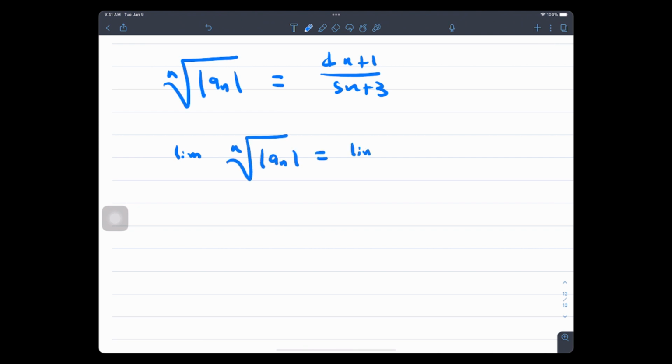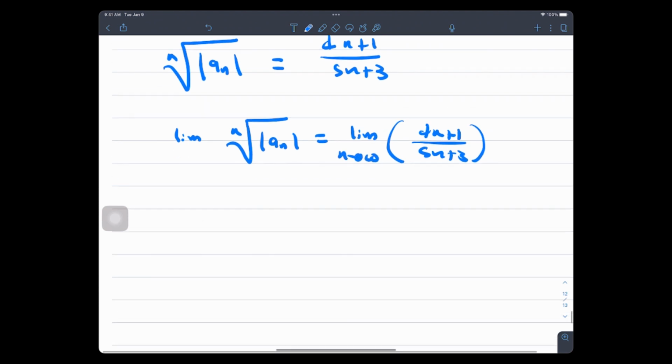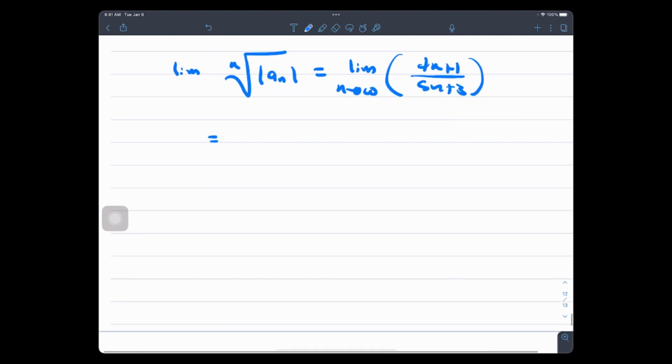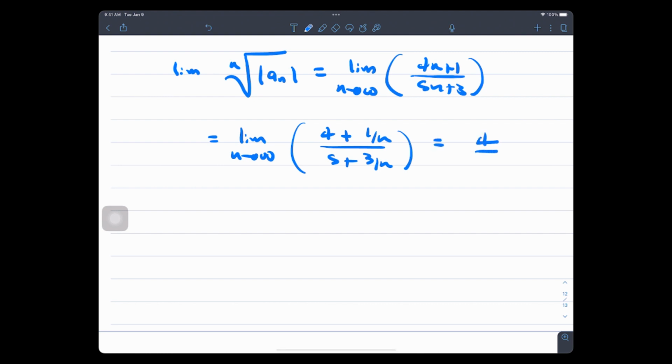Well, that's the limit of 4n plus 1 over 5n plus 3. How do I evaluate that? Well, either take calculus 1 or calculus 2: 4 plus 1 over n over 5 plus 3 over n. What does that equal? 4/5.